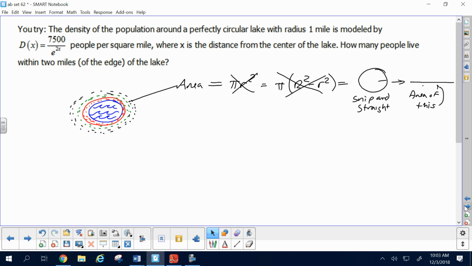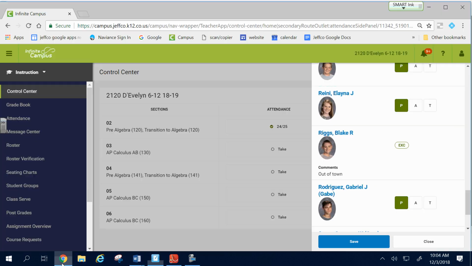Because for an infinitesimally thin circle, it actually straightens out to a line.